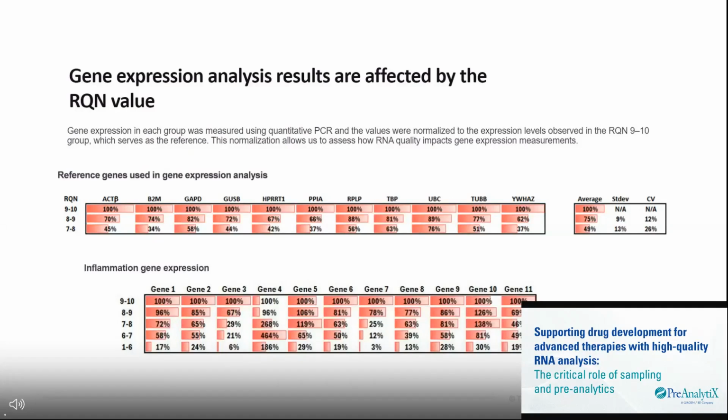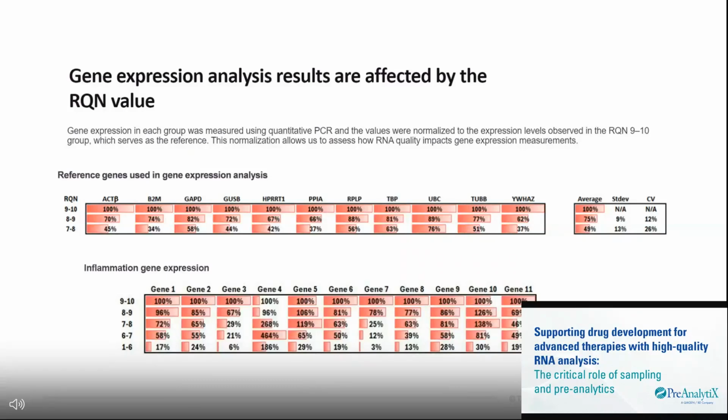The second graph shows gene expression for selected inflammation-related transcripts using the same normalization approach as the graph above. And here too you can see the variability in how different genes respond as the RQN decreases. And here's the critical takeaway.